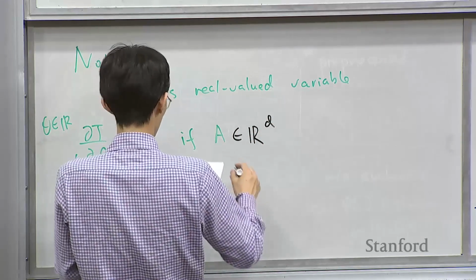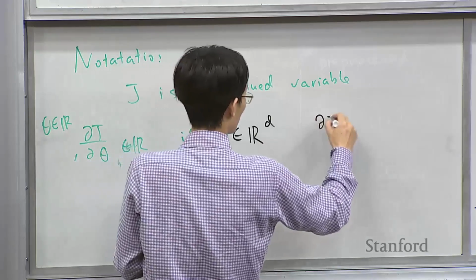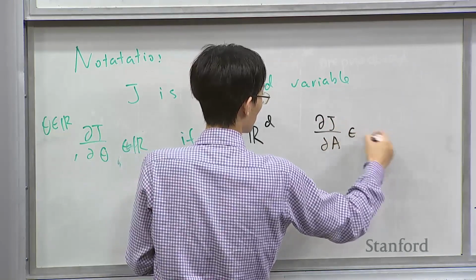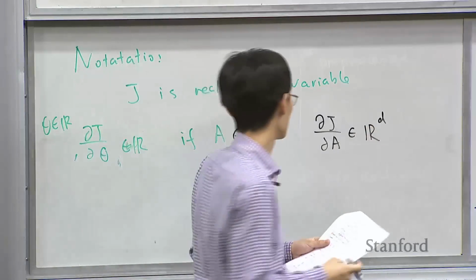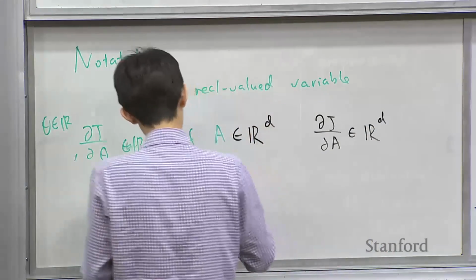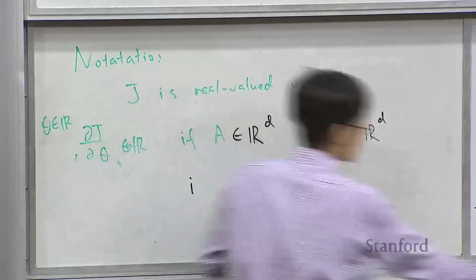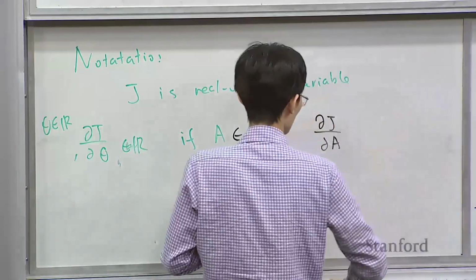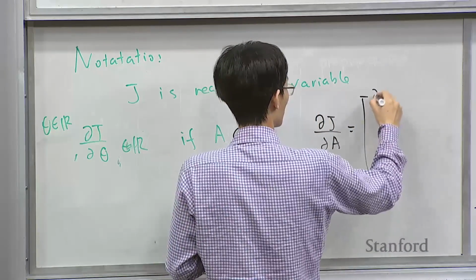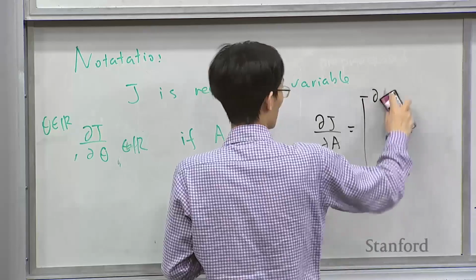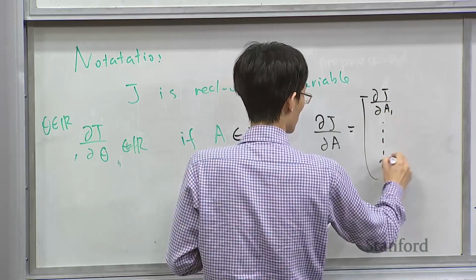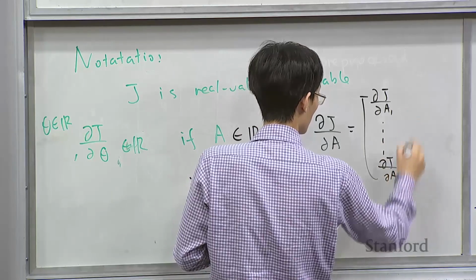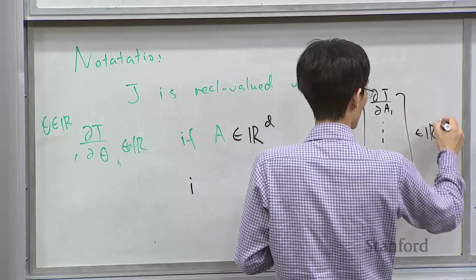Then this would also be in dimension D. That's our notation; I'm just clarifying the dimensionality. So basically this would be a collection of scalars: the partial derivative of J with respect to A1 up to the partial derivative of J with respect to AD, which is dimension D.